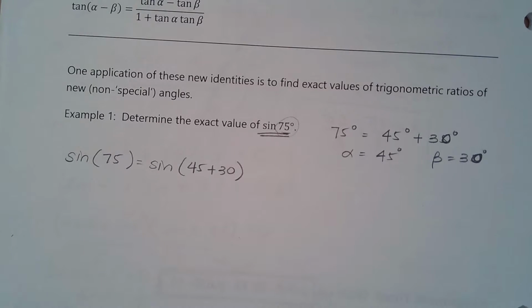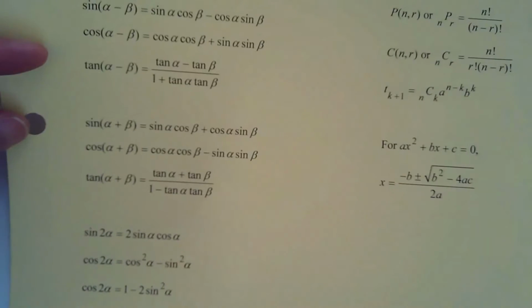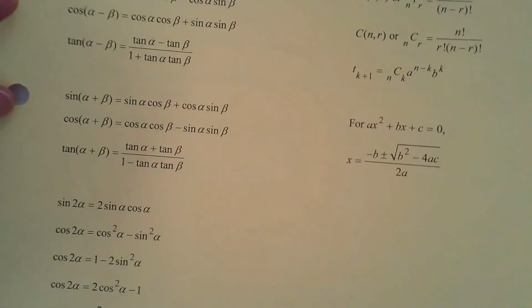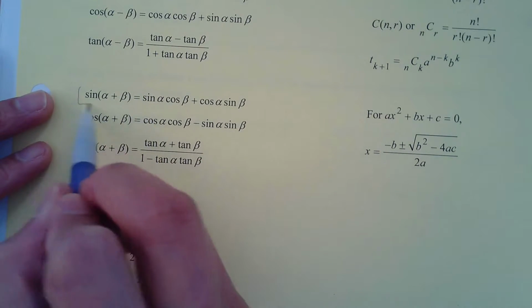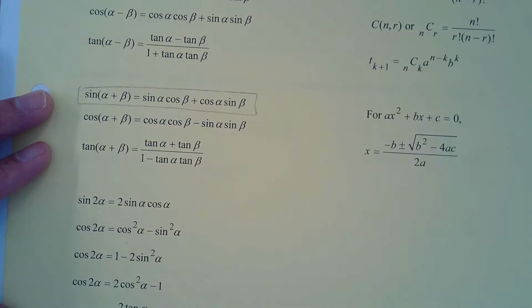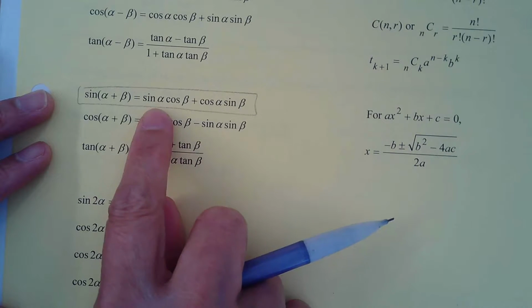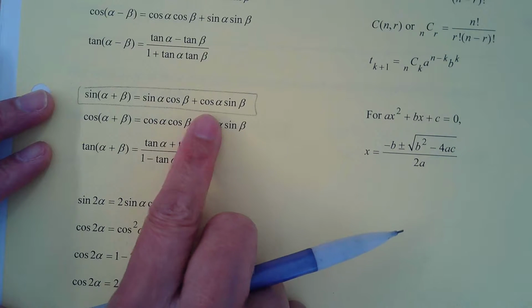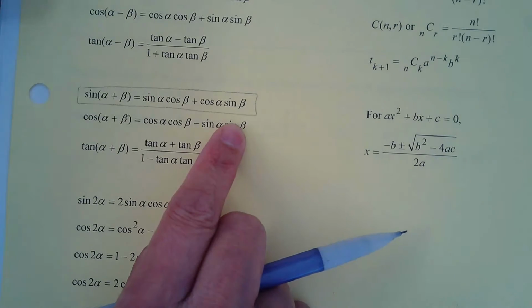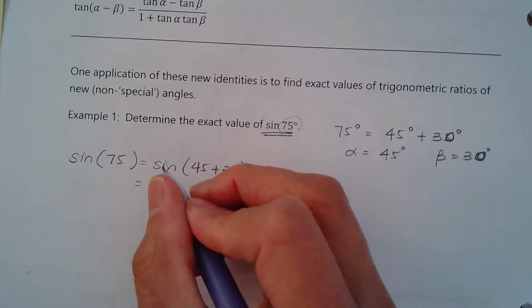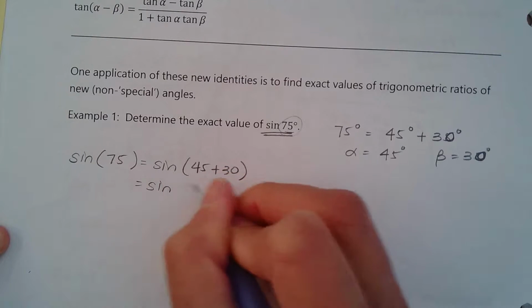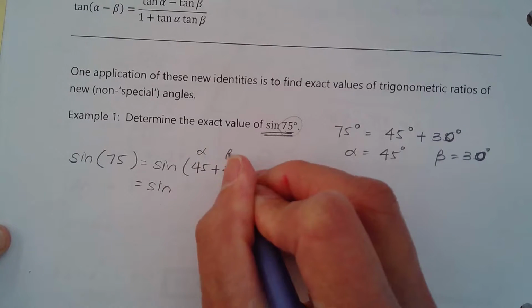Now, let's go back to our sheet. What's our identity here? Sine of alpha plus beta. This is our identity, right? Sine alpha cos beta plus cos alpha sine beta. So let's put that in. This is my alpha, this is my beta.